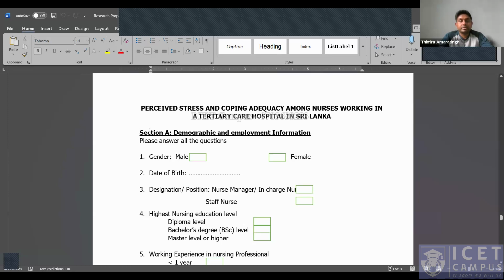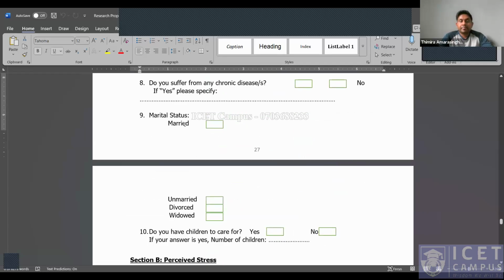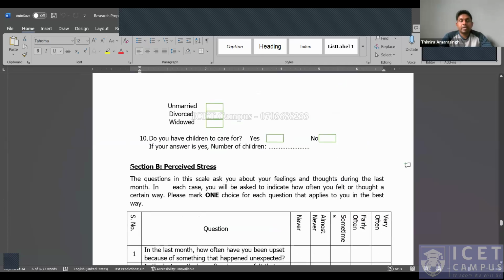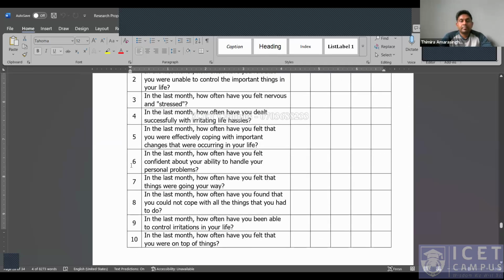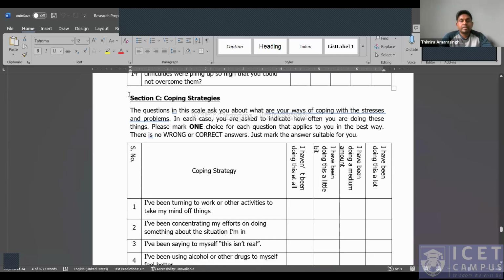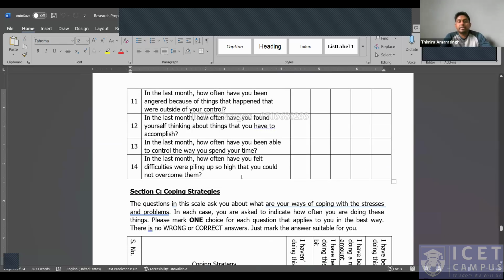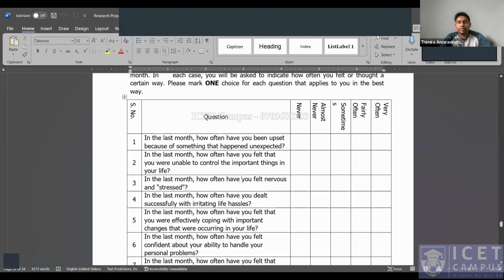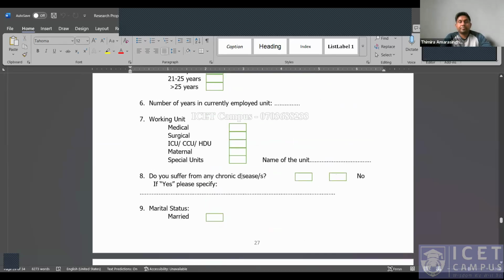So here you can see the sections are like section A and then section B and section C. In each section, the instructions are being given, right?